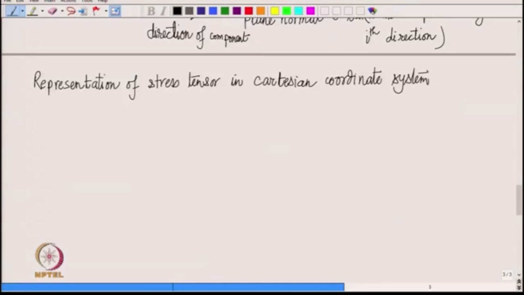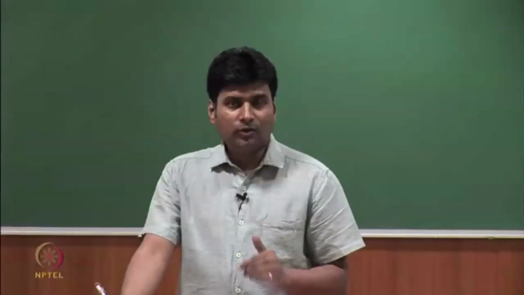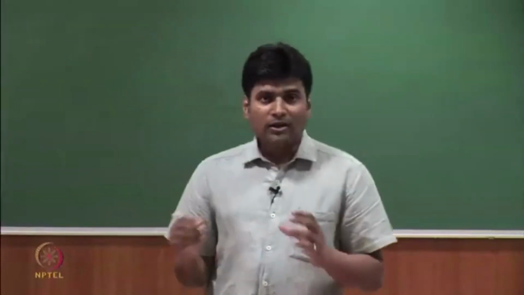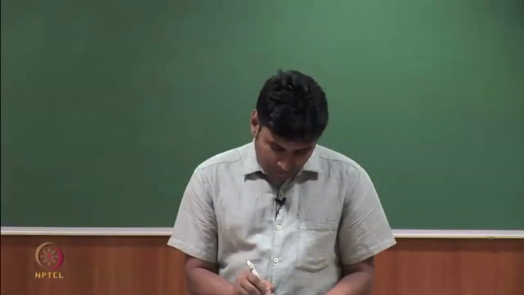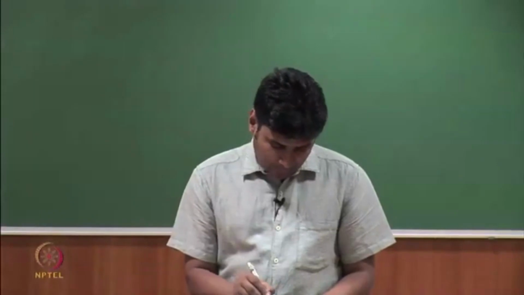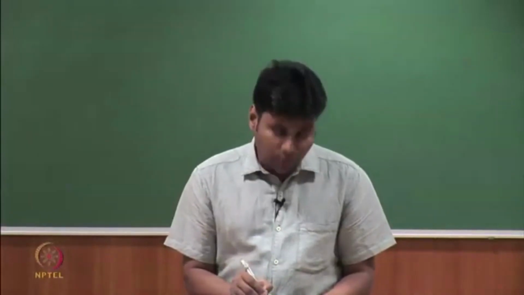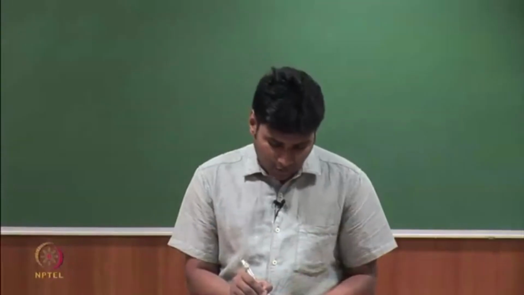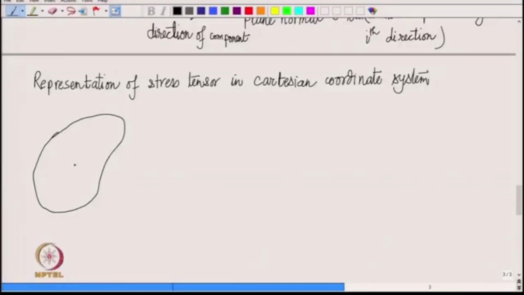So, Cartesian coordinate system means our axes are E1, E2, E3, perpendicular axis E1, E2, E3. Okay. So, at a given point, so we have this body and I want to know the stress tensor at a given point. So, that is the point x. So, at that point how does the stress matrix look like, and I want to represent it in Cartesian coordinate system, that is in the E1, E2, E3 coordinate system.